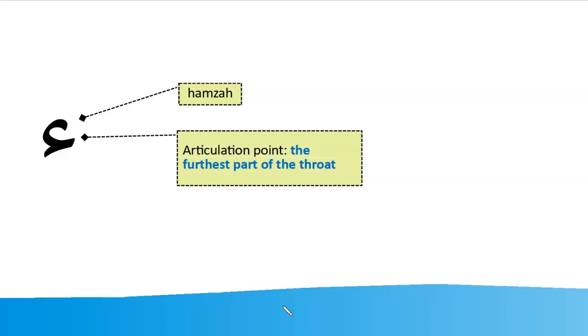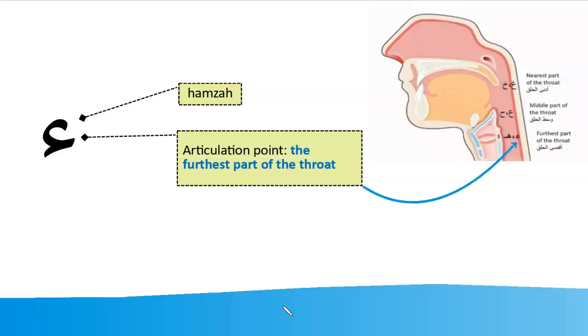The first letter we are going to study is this. It's called Hamza. Its articulation point is from the furthest part of the throat, like so. So you can see here, this is where this Hamza comes from. Somewhere the deepest, furthest lying part of the throat, alongside another letter we are going to learn, inshallah.